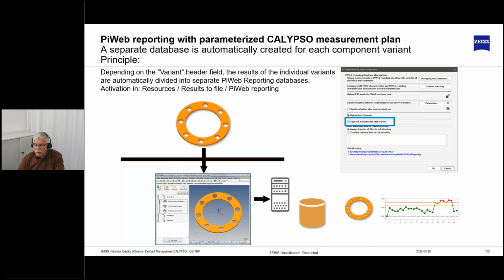We will now have a very powerful function if we have measurement plans containing PCM. In the past, the principle of PCM is that we have a part, and this part has different variants. It can be longer, different sizes and so on. So this is typically a PCM task: making one inspection plan and handling all these different variants by changing, for instance, a value.